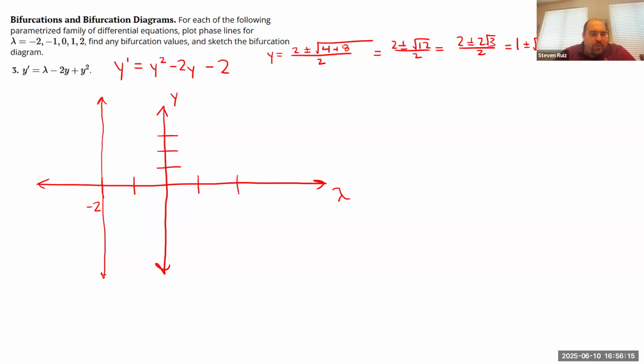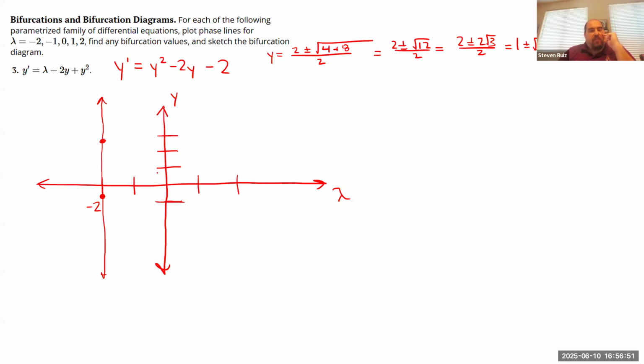So I have an equilibrium point here, which is 1 plus radical 3. Radical 3 is about 1.7, 1.73, so about 2.7. And then 1 minus radical 3 will be a little bit less than 0, not quite -1. So about there.